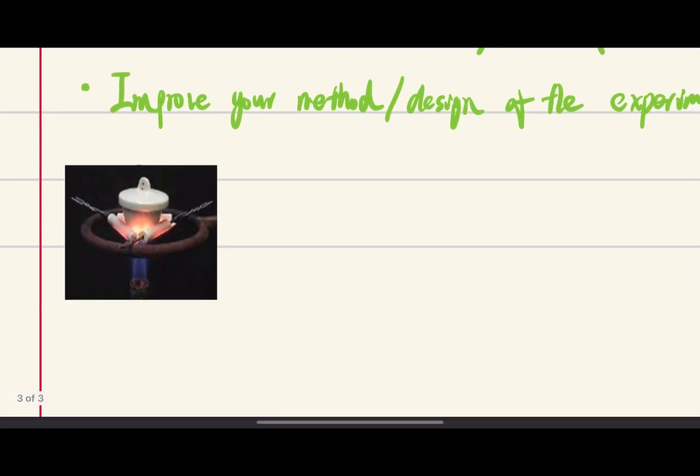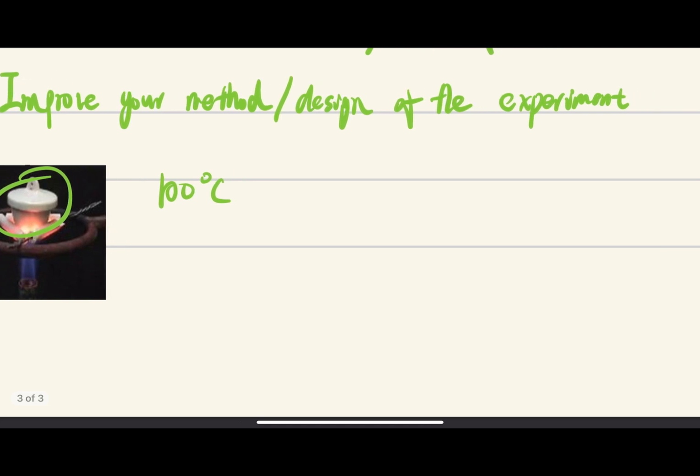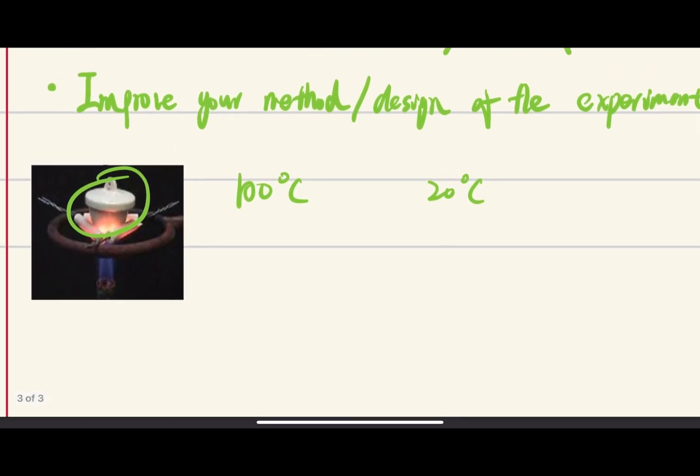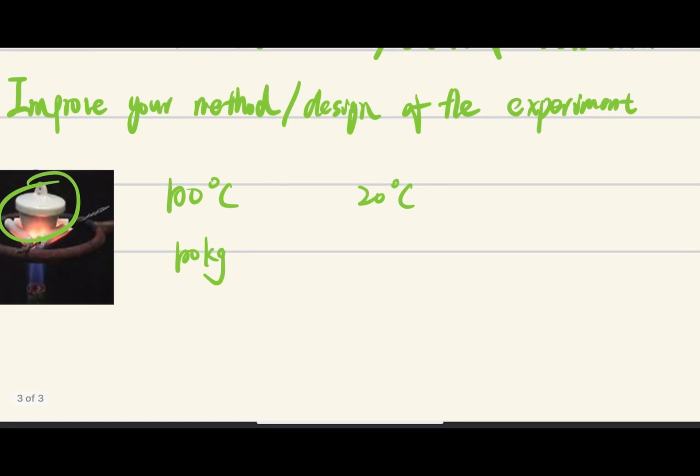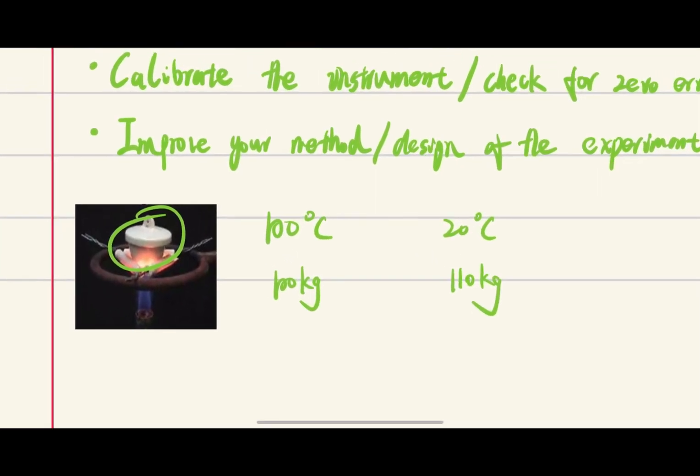So when I'm trying to measure the mass of this heating pot, if I'm measuring at 100 degrees Celsius or at 20, which is room temperature, it might be 100 kg here and 110 kg there.